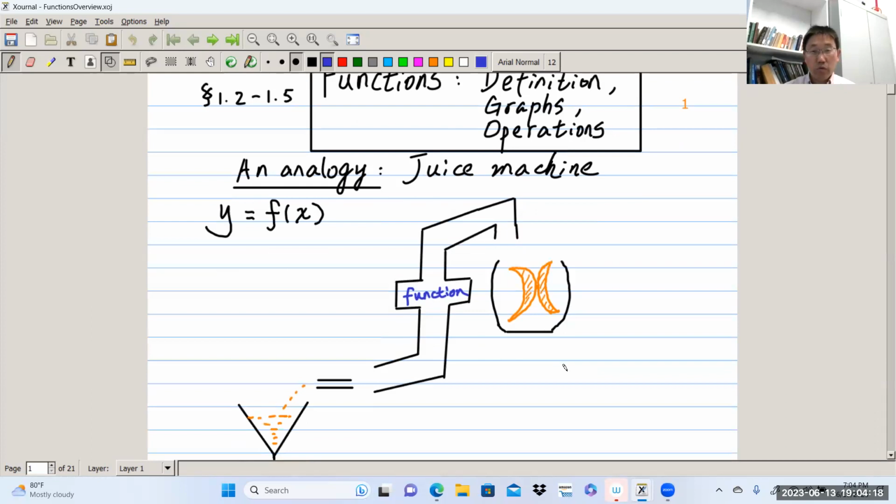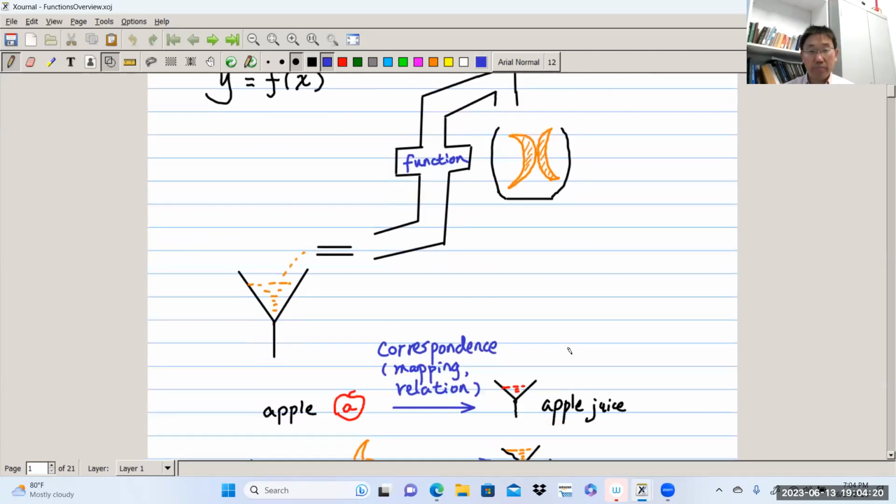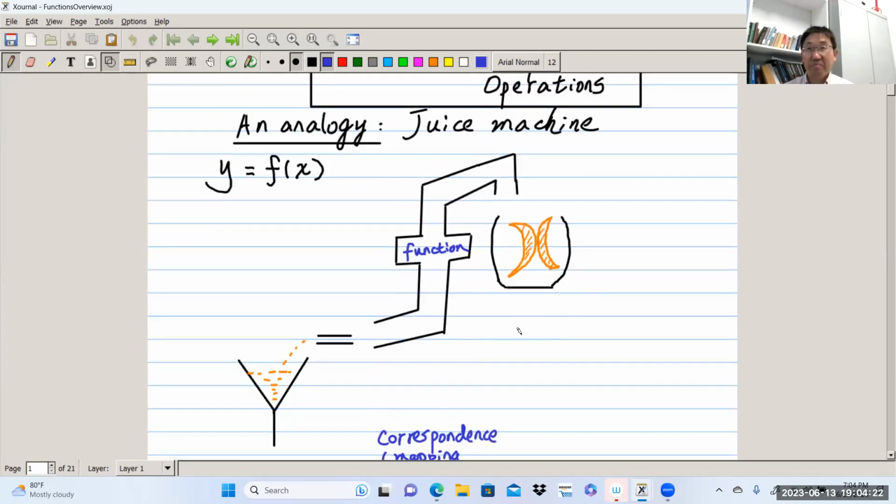What you can see in this picture is my juice machine. This machine takes fruits as the input and makes juice as the output, or say the product.